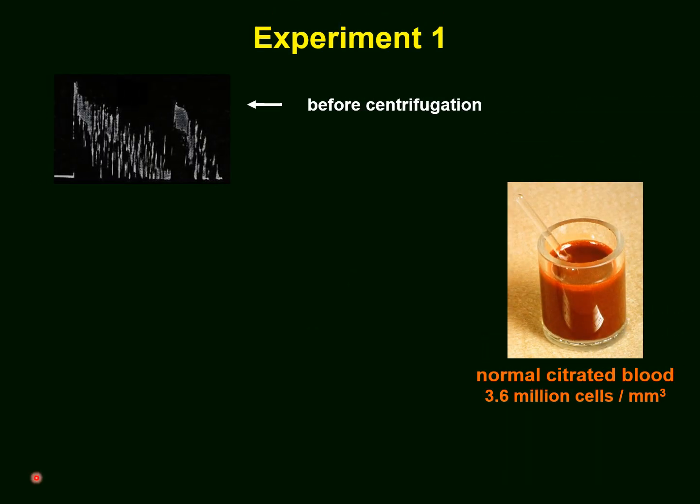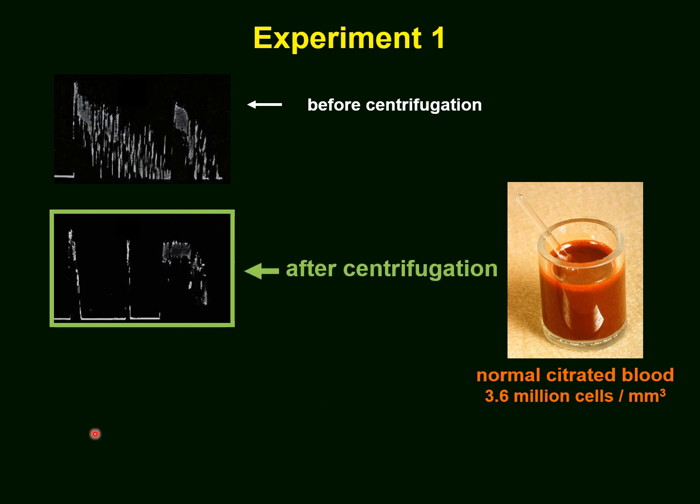The first experiment was done with normal citrated blood, 3.6 million cells per cubic millimeter. That was at that time our tissue model. And this is the echogram obtained from this tissue model before centrifugation.